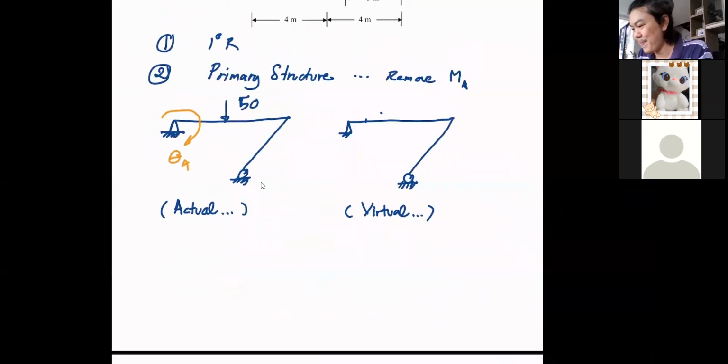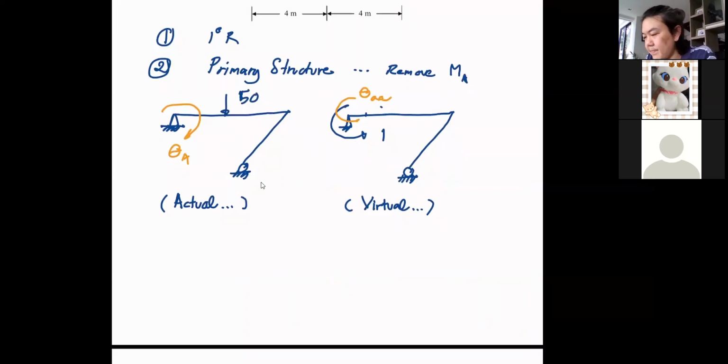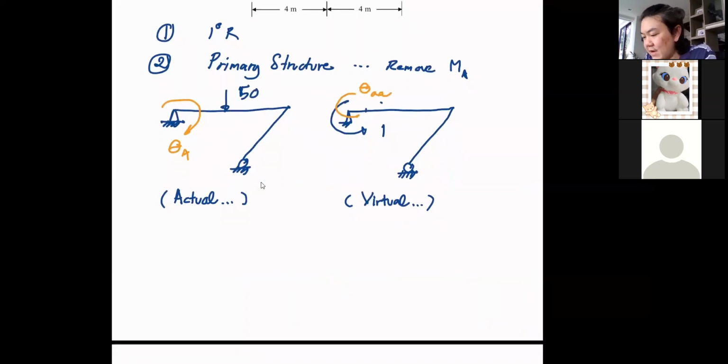So this time I am going to apply the unit moment here. And now I will have perhaps the rotation theta A. Okay, so the next step is to analyze this in the actual case.